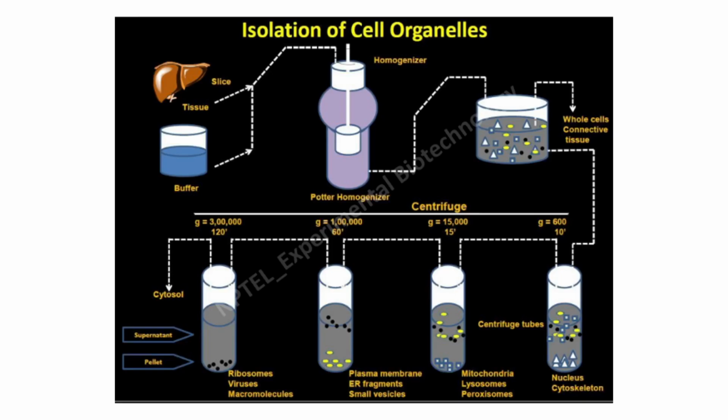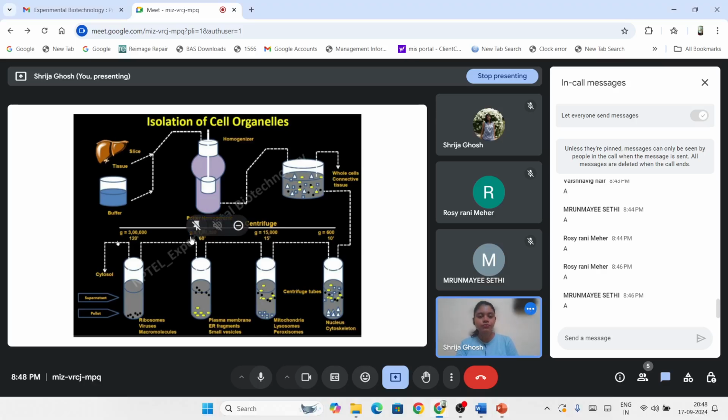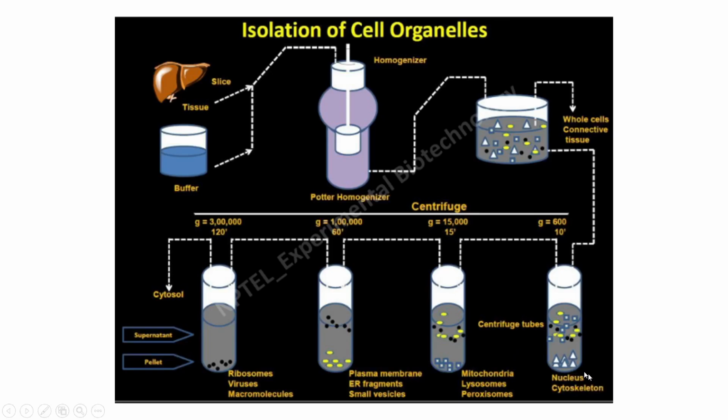Okay, cytosol means cytoplasm. So this is the process. The first thing that will fractionate out is the nucleus and cytoskeleton, so the heaviest component is the nucleus and cytoskeleton.